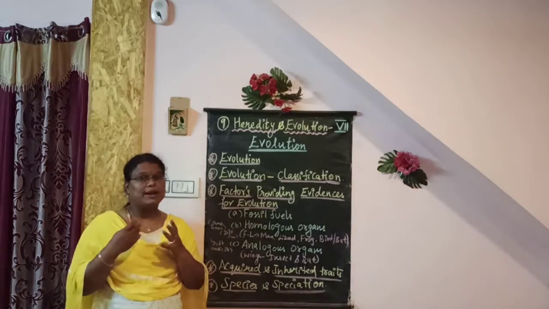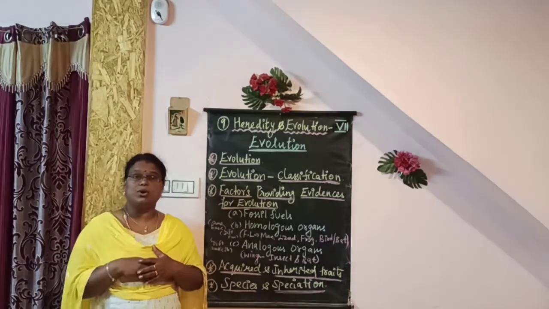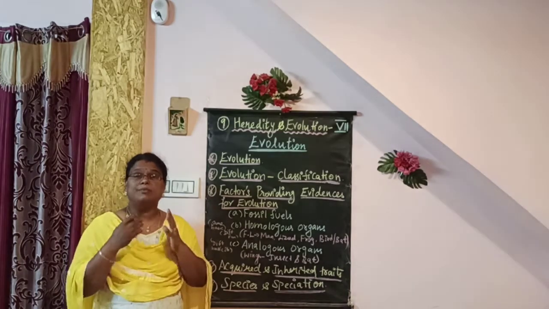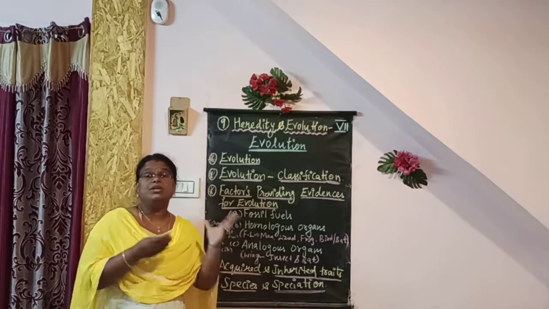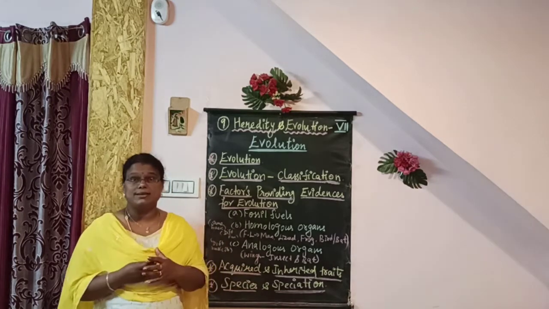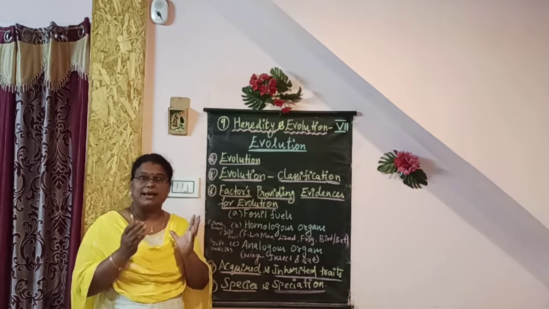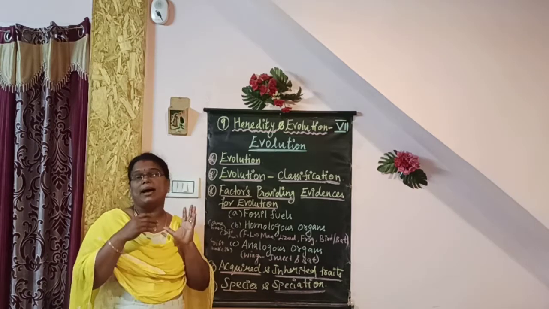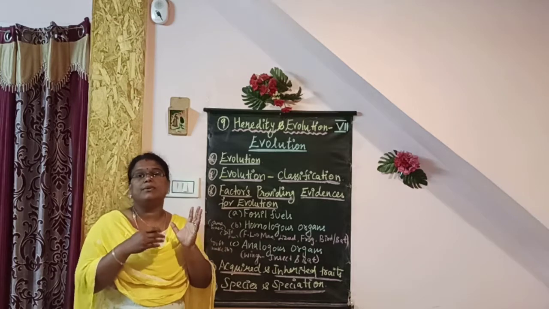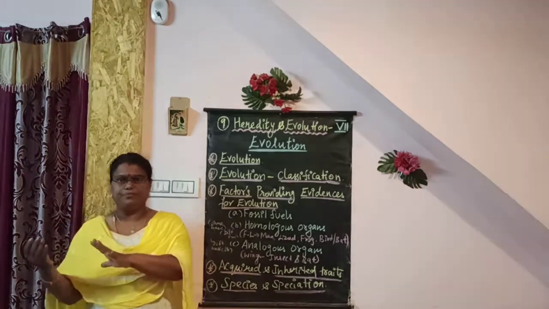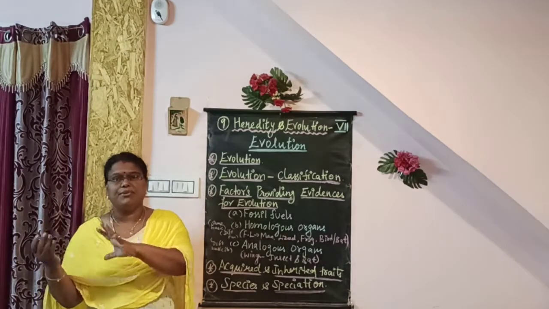So how can we classify the organism based on its origin or ancestor? The organisms or species which originated from a common ancestor are grouped in one category, or classified under the same group, and the organisms originated from different ancestors are kept under different categories.